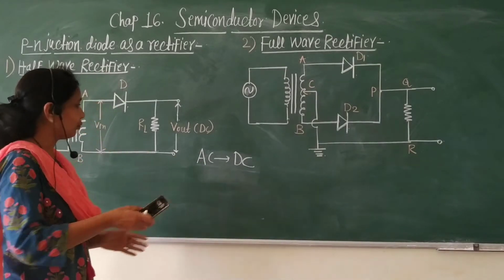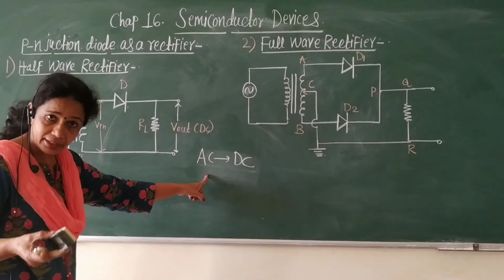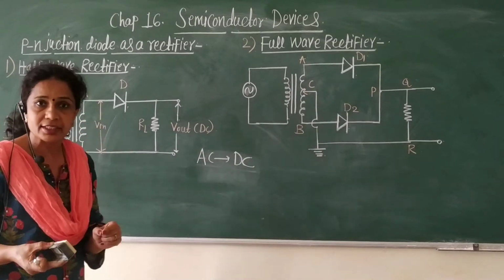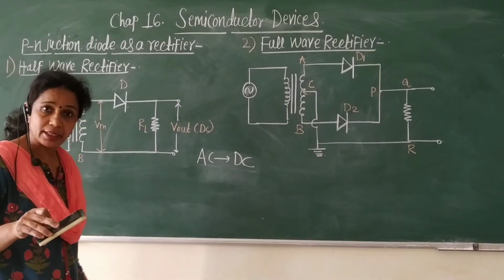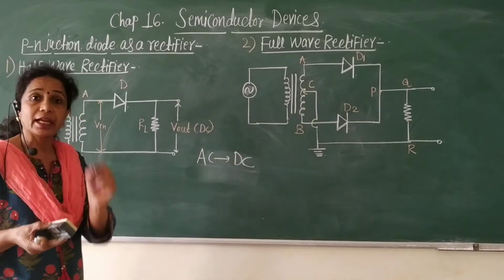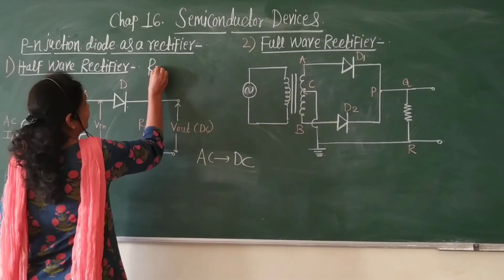Therefore, rectifier means it is the electrical device which converts AC into DC, and the process which converts AC into DC is called rectification.